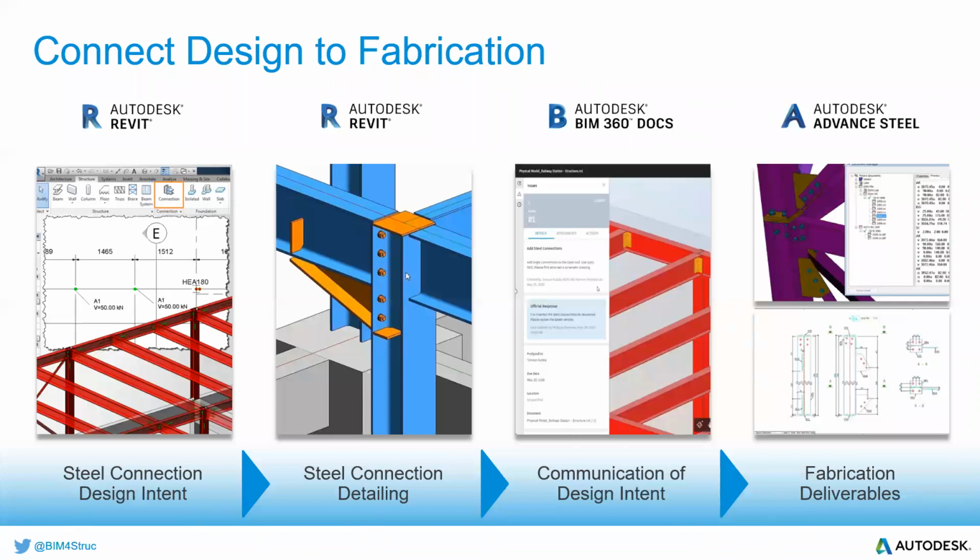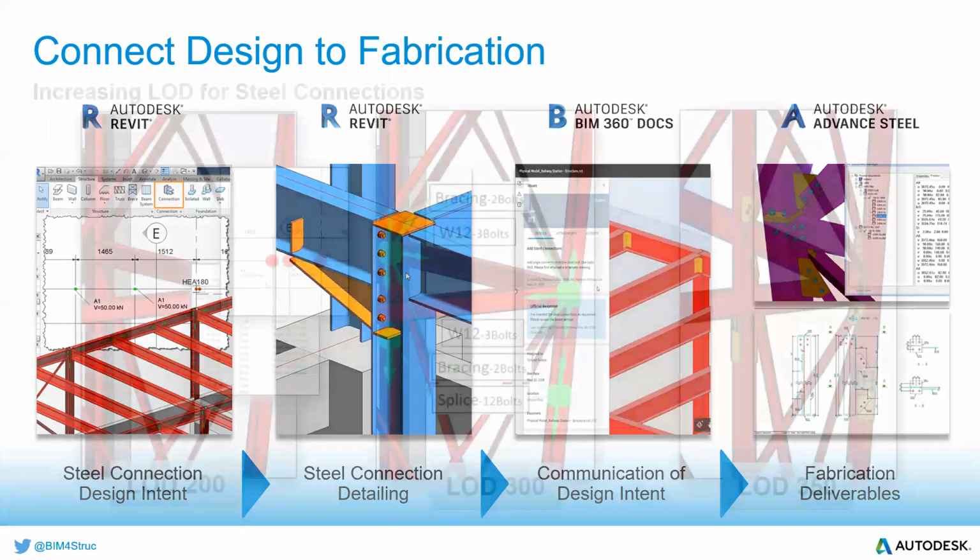Then after that, the detail required will be done by the structural detailer or the structural designer, who then communicate that intent to the fabricator using BIM 360 again. Then once the fabricator has done his required bit, he can share the same back with the design team still within the BIM 360 platform, and they'll be able to compare and see the changes or the exact documentation that has been produced by the structural fabricator.